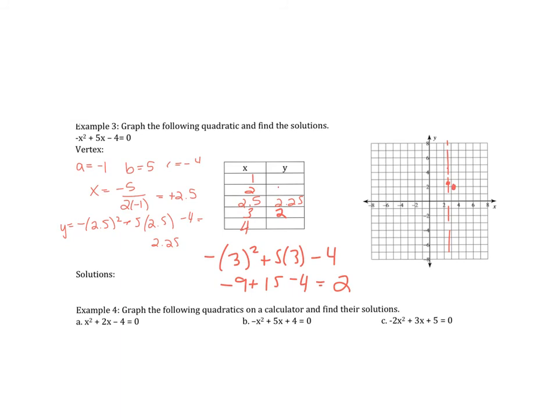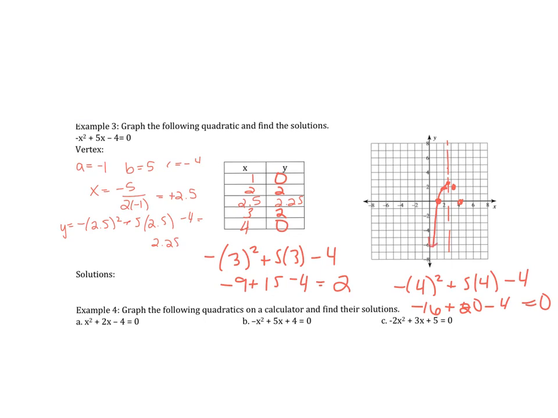And we also have a 2 at 2 because they're symmetric. And then we're going to do 4. It's -16 plus 20 minus 4, and that's going to give us 0. And that means we're also going to have a 0 at 1.